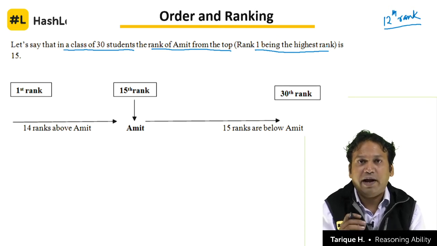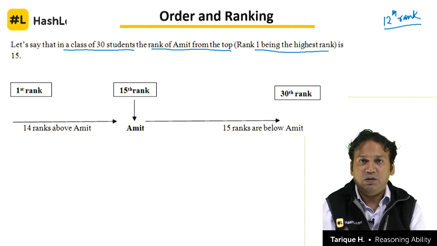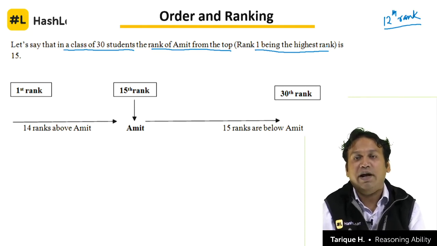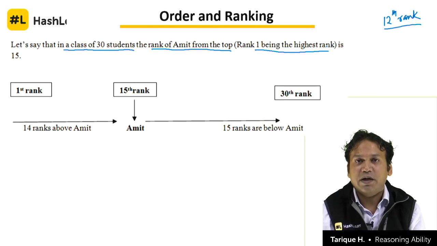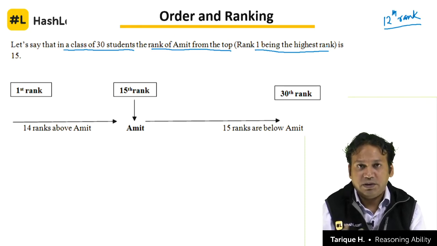The one who has got rank 1 has got the highest marks in the class, rank 2 has got less marks than the one who has got rank 1, rank 3 has got less marks compared to rank 2 and so on. Sometimes in the school assembly, students are asked to stand in a line in increasing order of height.